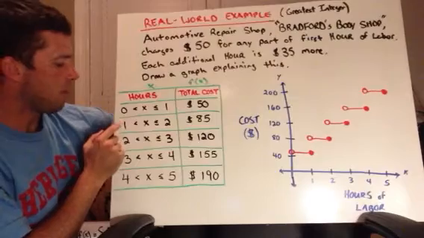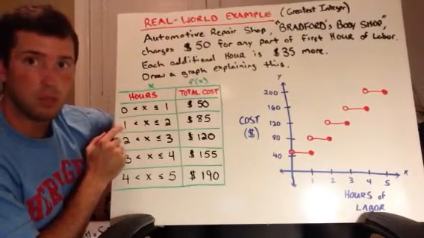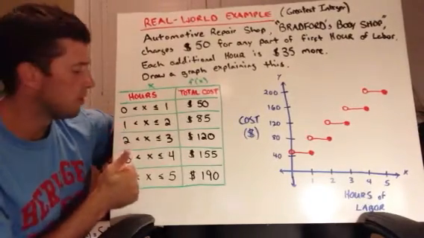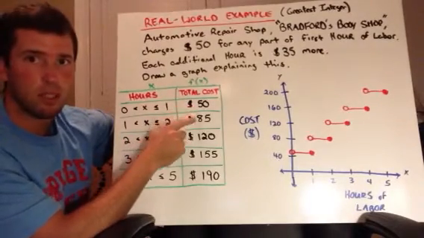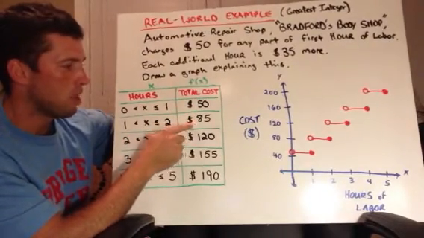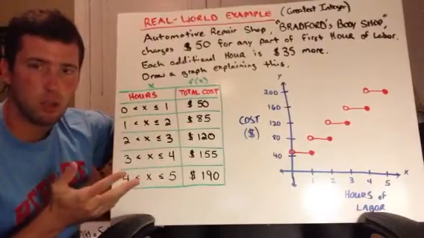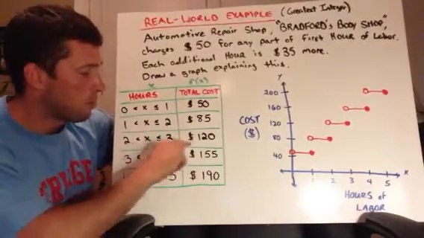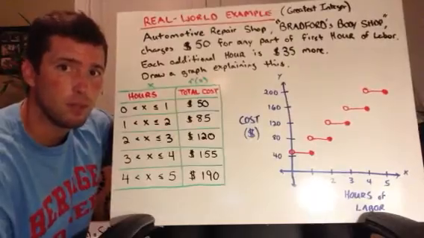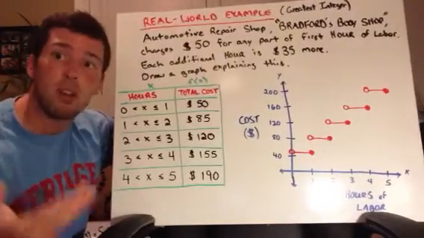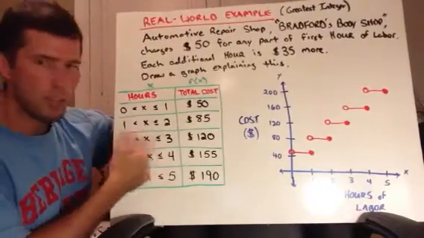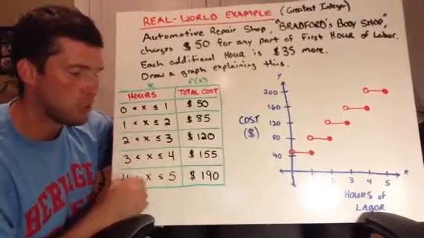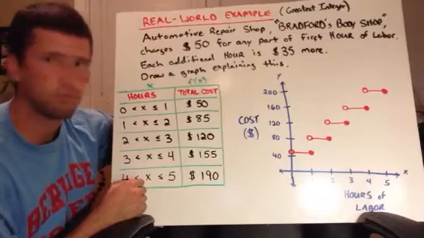If you're past the 1 hour mark, 1 hour and 1 minute, up to 2 hours, I'm going to charge you $35 plus the $50, which is $85. So each additional hour that you show up, just a minute past, I'm going to charge you an extra $35, okay? It may not be fair, but you guys know there are places like this in real life. So each window of an hour is going to increase by $35, okay?